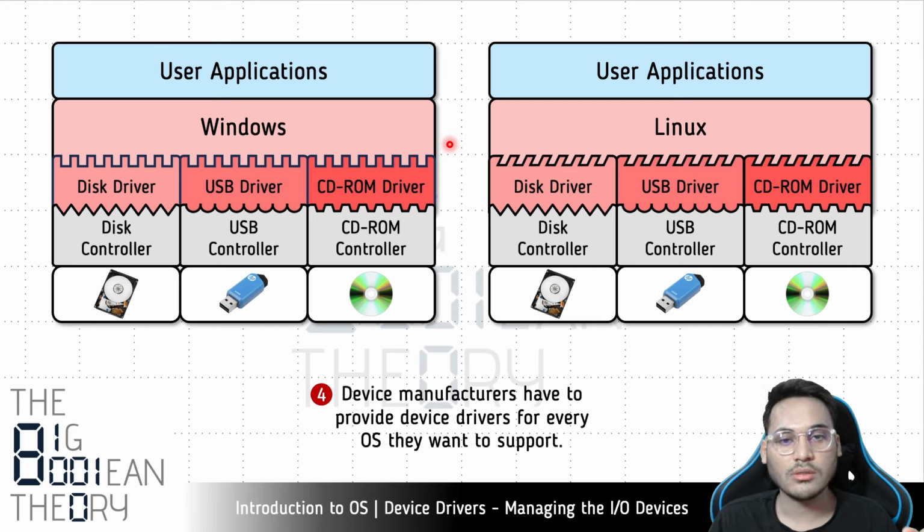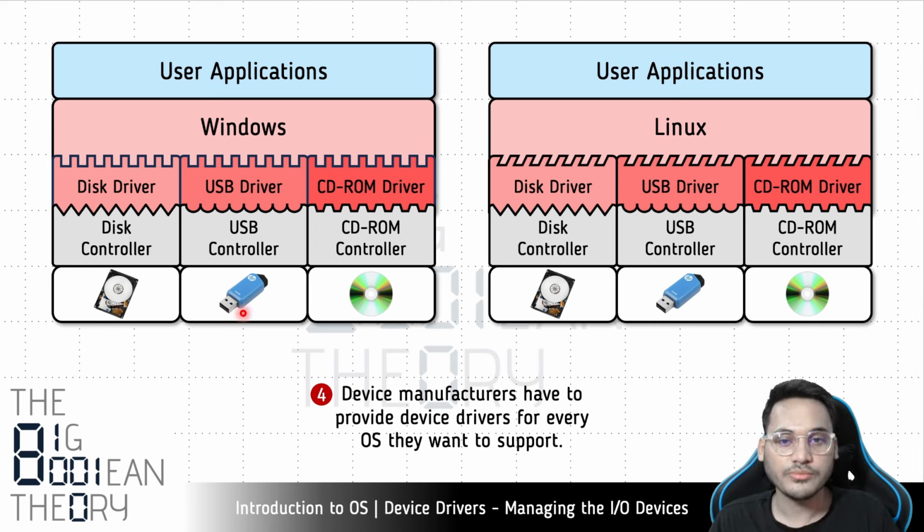Now as a device manufacturer, if I am making a hard disk and I want it to be supported on both Windows and Linux, I have to write two sets of device drivers. This device neutral interface is different from Windows, so now I have to bridge the gap from the disk interface to two different sets of device driver interfaces, one for Windows and another for Linux.